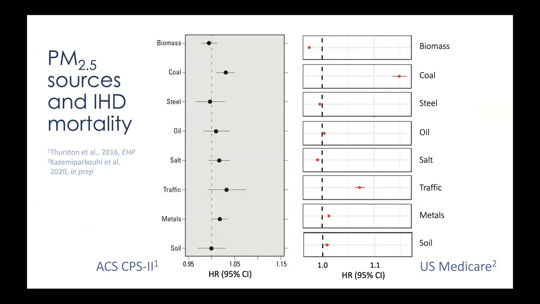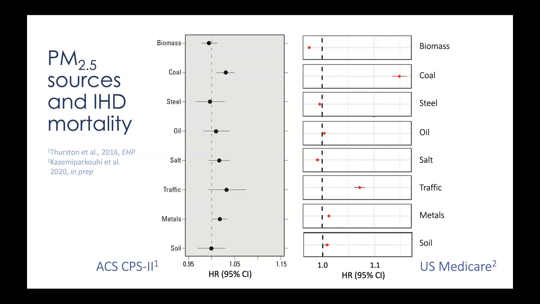Now we can compare these findings from the ACS to those from one of our recent studies of over 15 million US Medicare beneficiaries, in which we use similar methods and similar databases to assess the source contributions. And again, for sake of comparison, we divided these source contributions into 8 factors that were identical to those identified in the ACS.